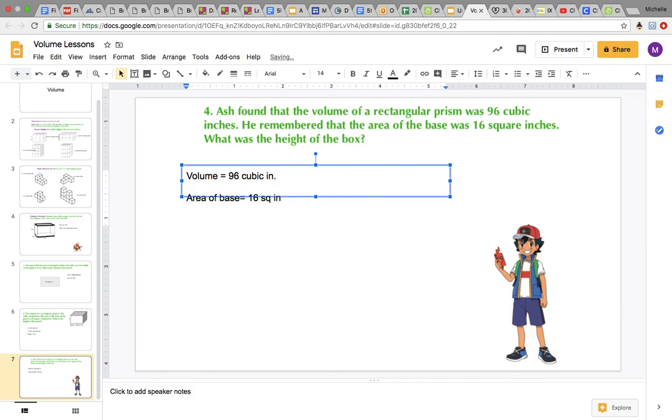So again, just like our problem last time, we are missing the height. So we have our area of the base, which is 16 times our height, we don't know what that is, equals 96 cubic inches. All right, go ahead and pause this video and try and solve for the height. Think of ways that you can figure this one out.